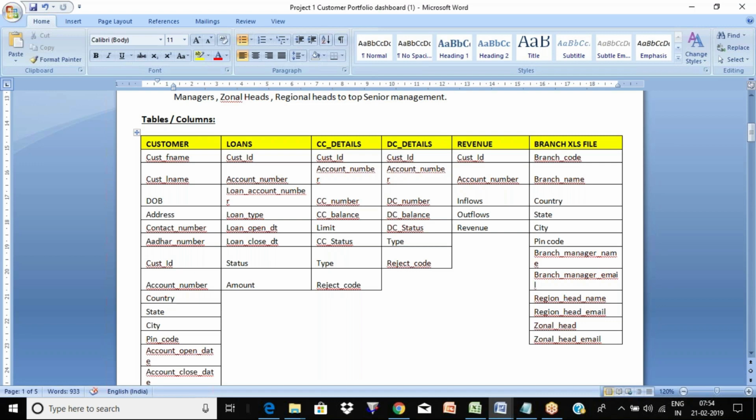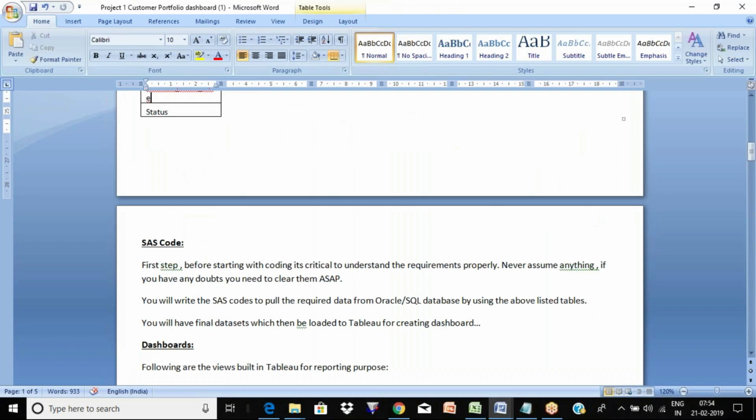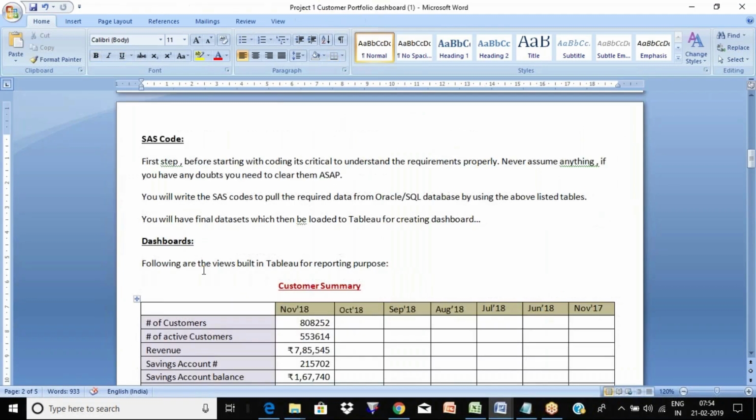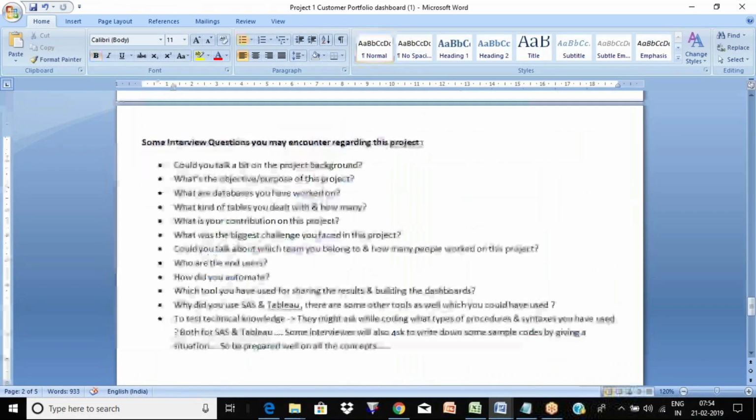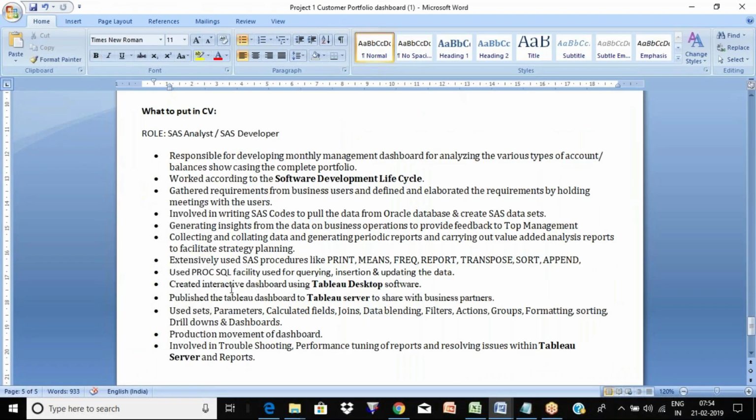You got the requirement to build a dashboard for the business, and then you can talk about these dashboard sections. You have created these, and from an interview standpoint, you can pick these things.